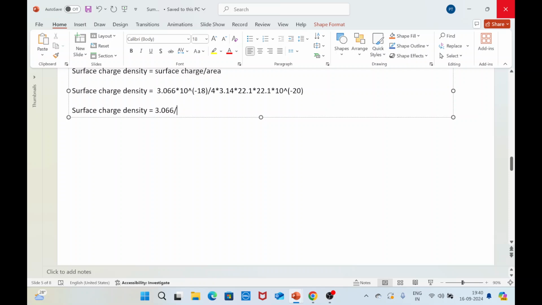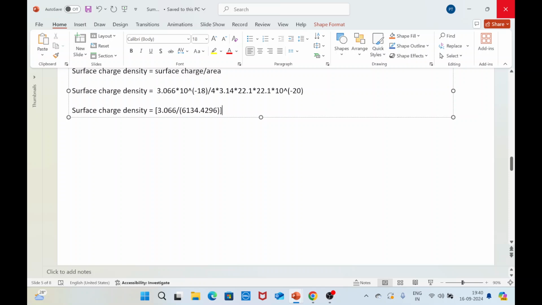So that is 6134.4296. This entire expression times 10 square, because 10 power minus 18 in the numerator and 10 power minus 20 in the denominator.